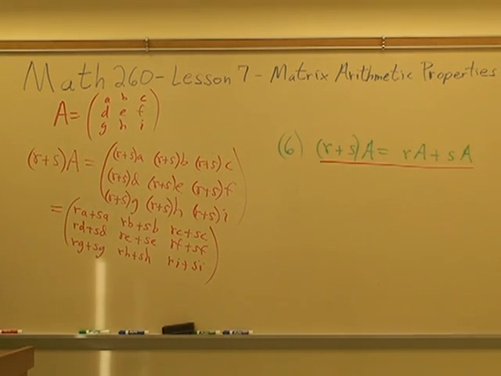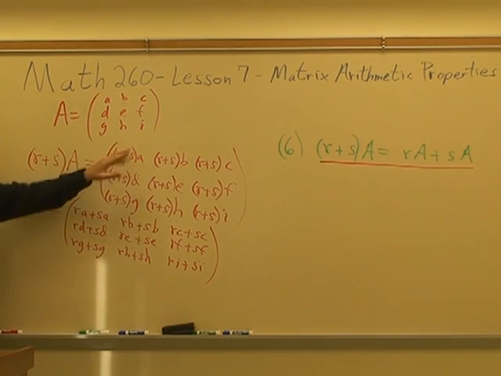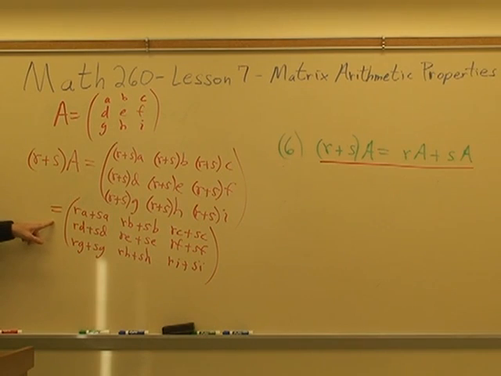So all I've done now is apply the definition of scalar times matrix, and then use the distributive law of regular old real arithmetic, and I'm here. But that to me looks like the sum of two matrices. Which two?